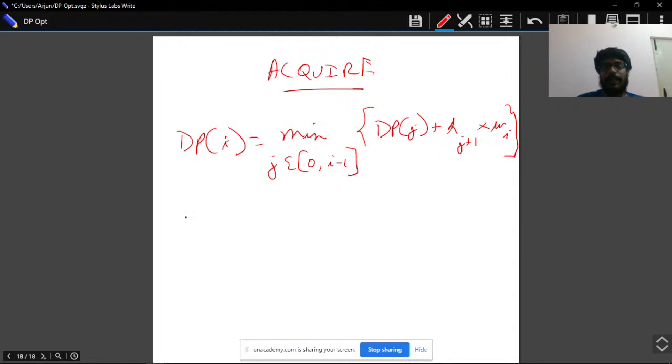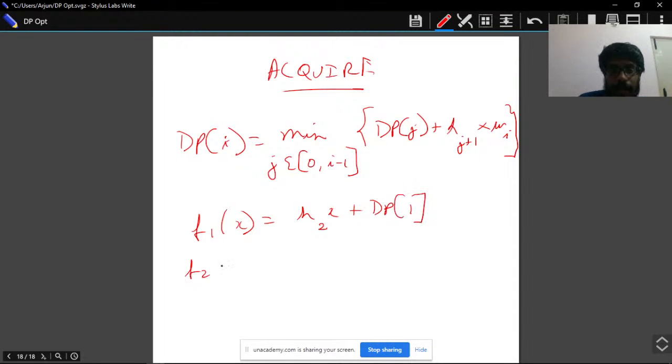So the functions we'll be considering are basically these. f1 of x is h2 x plus dp of 1. f2 of x is h3 x plus dp of 2, and so on and so forth.